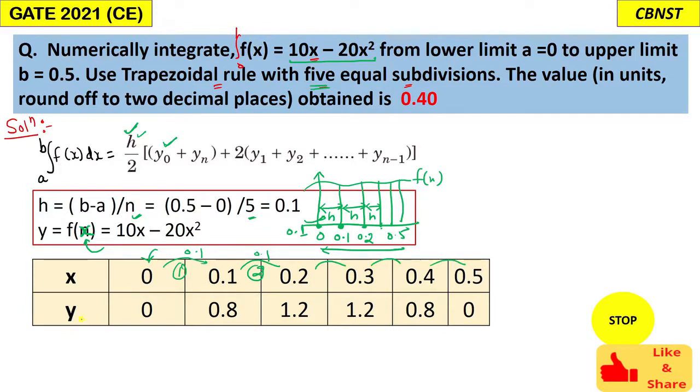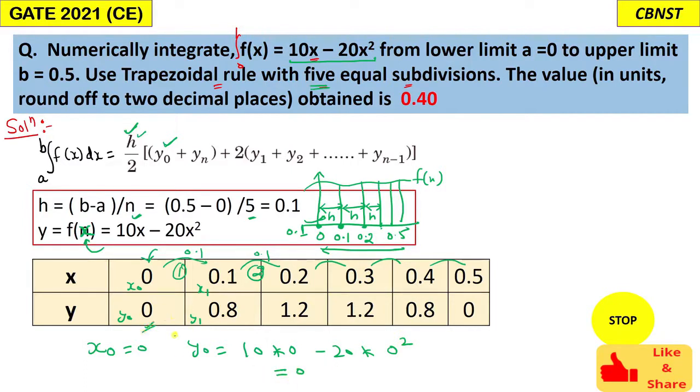Now we need to find the values of y. Let's say this is your x0, this is y0, this will be your x1, this will be your y1, and so on. So x0 is 0, so y0 will be 10 into 0 minus 20 into 0 squared, which will eventually be 0.